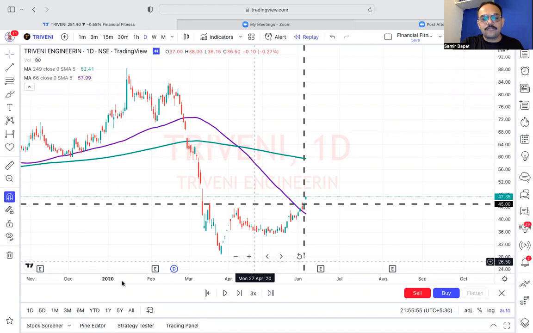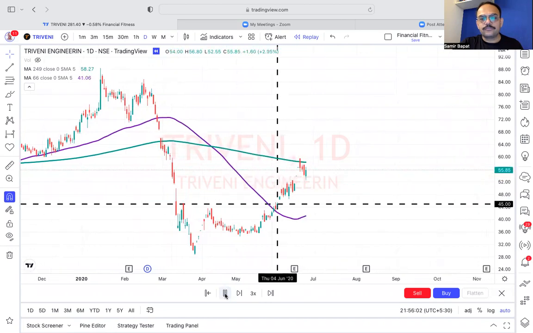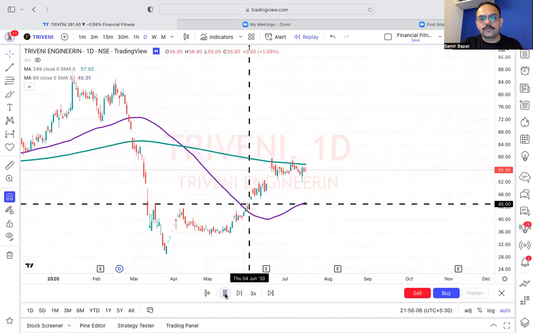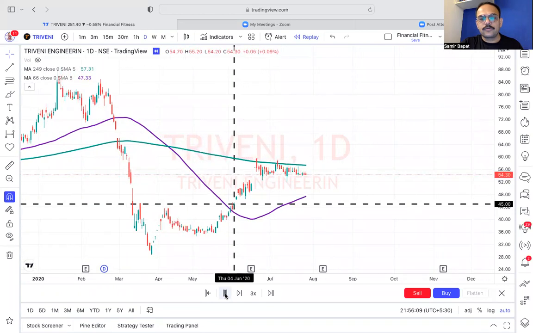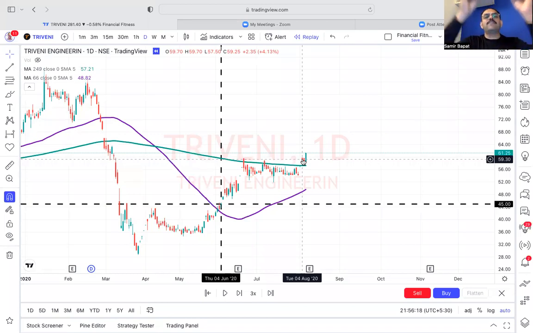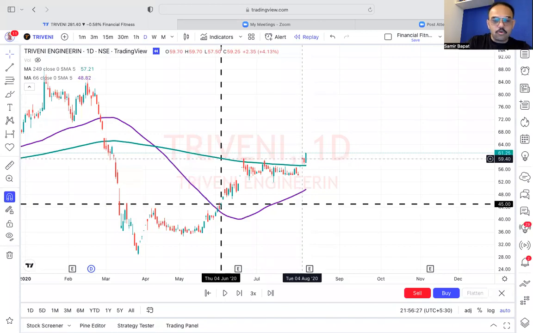Then when the price has gone above the 249-day moving average, this is where I will invest an additional 5%. So I have invested 5% here, I will add 5% more here.